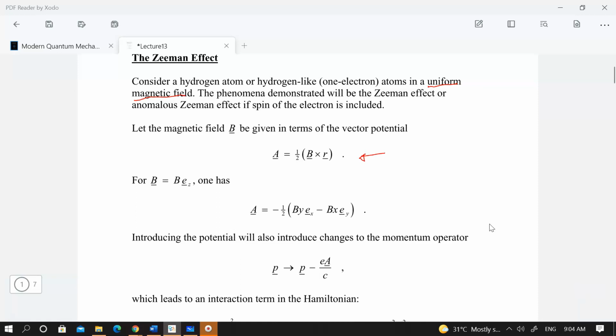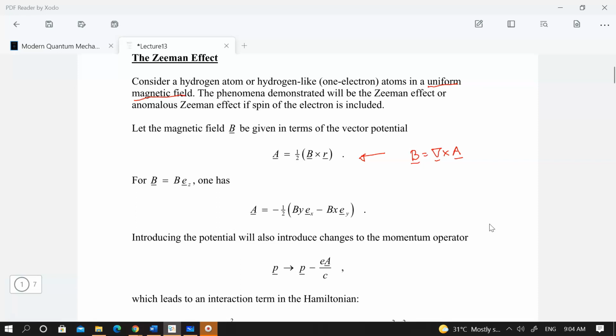Essentially, this relates to the expression that we have seen earlier, and one can invert this equation to the following.